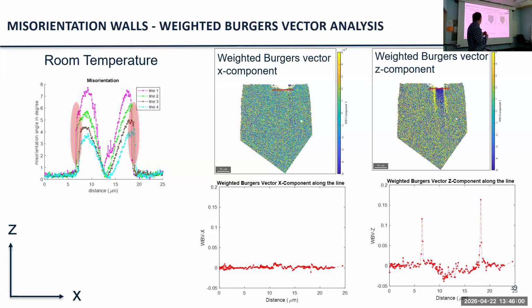So let's come back to the wall. This is the last part, and we're going to focus on these walls here. We'll do a different type of analysis called a weighted Burgers vector analysis. You can calculate in different directions, where X is horizontal and Z is vertical in this description.